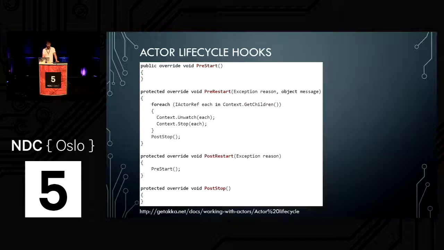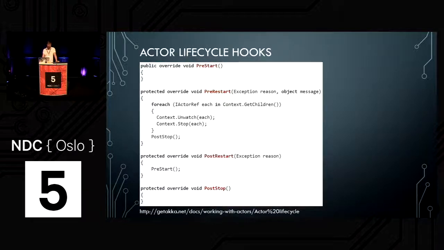And you also have some lifecycle hooks in an actor which you don't have to use, but you can use if you want to, for example, do some cleanup before an actor is shut down. And then you have the pre-start method, which is a bit special. So it's almost like a constructor, but it's only run the first time an actor is created. So if an actor restarts, that will get run as well.